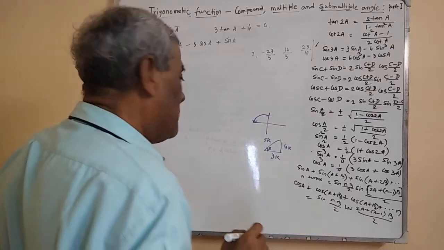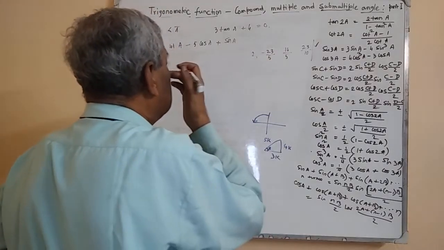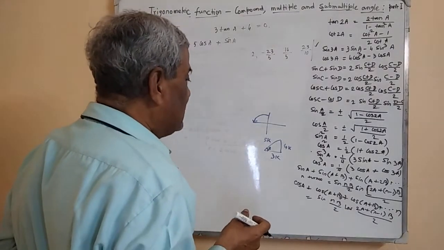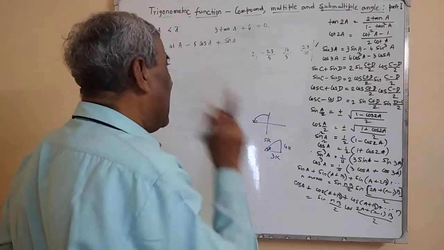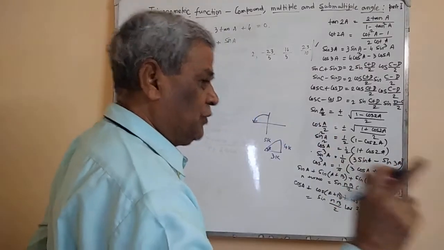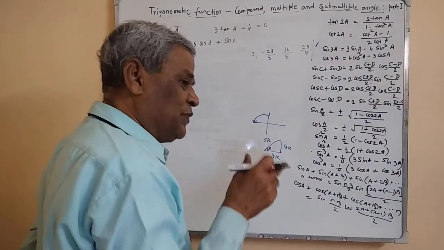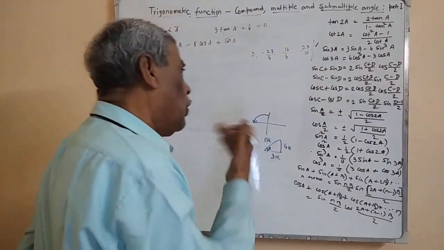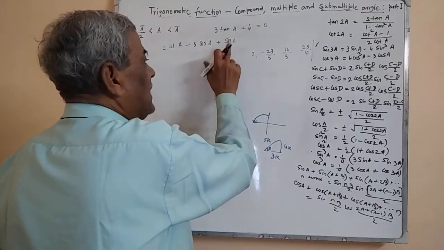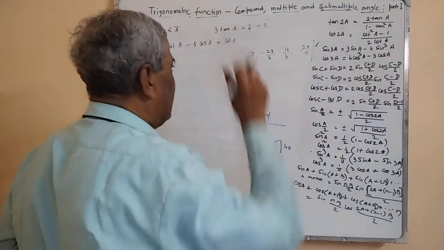Before that, as A lies in the second quadrant, sin is positive there. Cot is negative there, because tan is negative, cot is negative. And sin A is positive and cos A is negative.